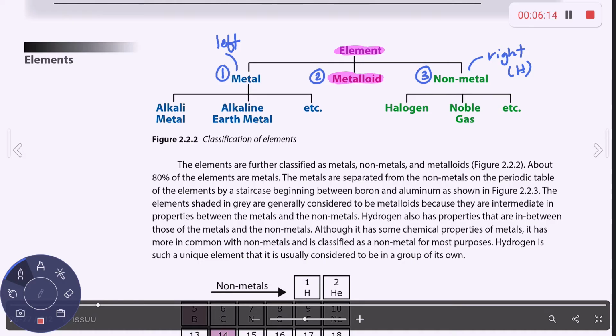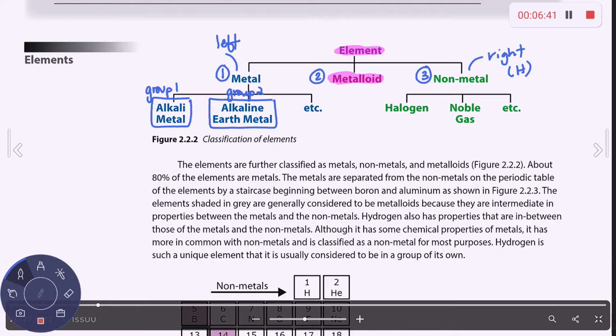Okay. Some of the columns that these elements exist in have specific names. For instance, you'll see the first column on the left-hand side, this is group 1. These are called the alkali metals, okay? And then you have the next column, this is group 2. These are called the alkaline earth metals. Those are the only groups that have specific names on the left-hand side of the periodic table.